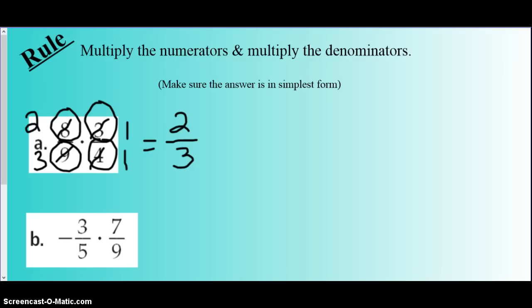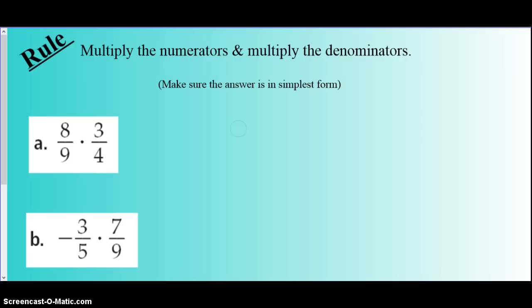Now you can still do it the other way of multiplying straight across without looking for what I would call those shortcuts. You would end up with 8 times 3 is 24, 9 times 4 is 36, and then listing the factors for 24 and 36, that's going to be quite lengthy.